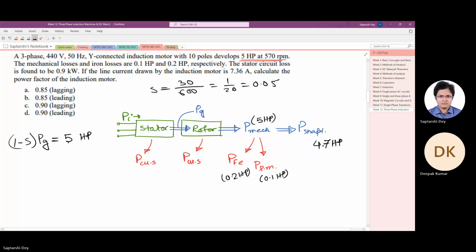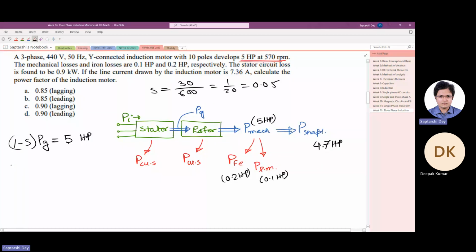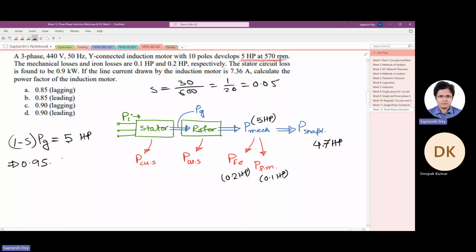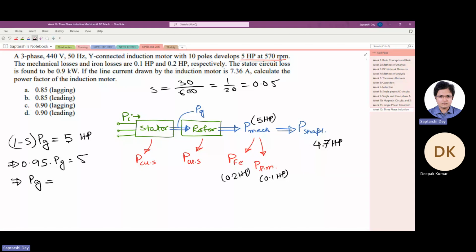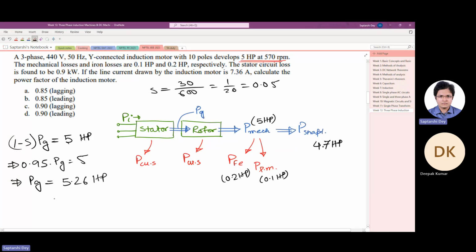Yes. So 0.05 is the slip. So 1 minus S is 0.95 times Pg is 5. So what you get, the air gap power, that is the power being delivered from the stator to the rotor, is 5 by 0.95, 5.26 HP.